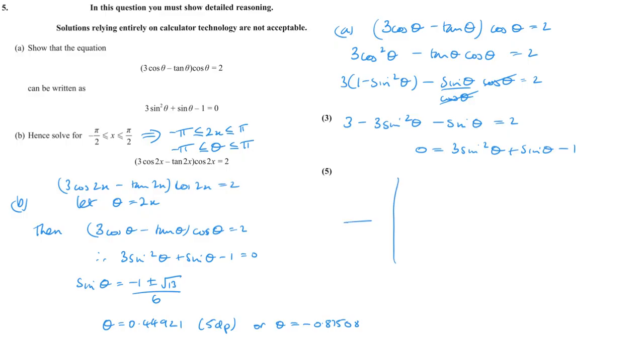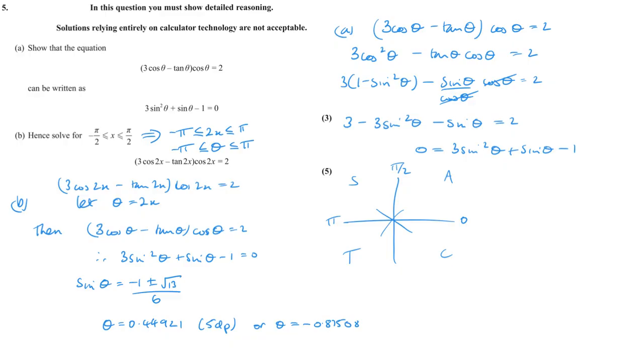Now between 0 and pi, there's going to be 2 positive answers for sine.